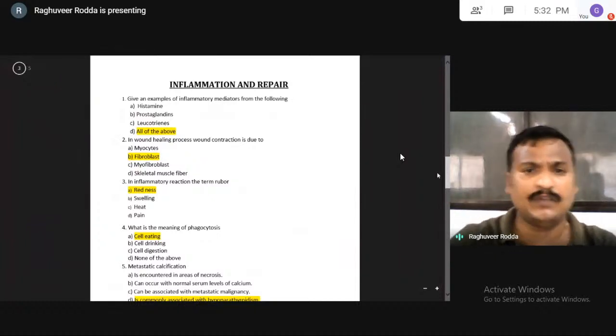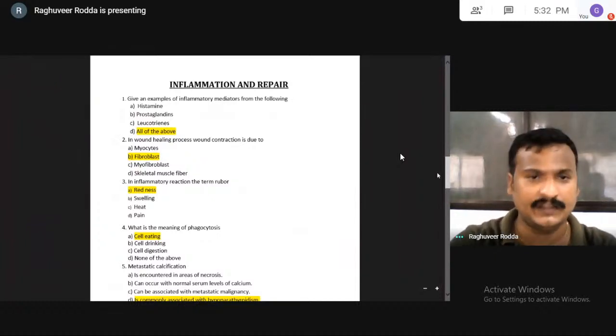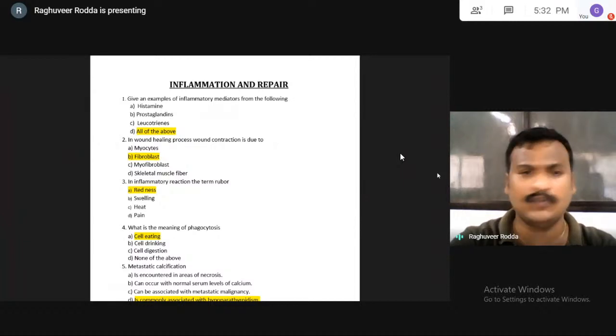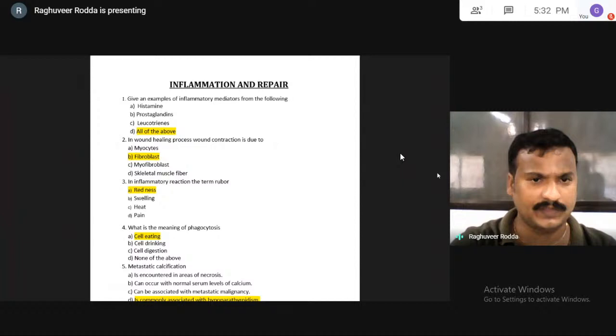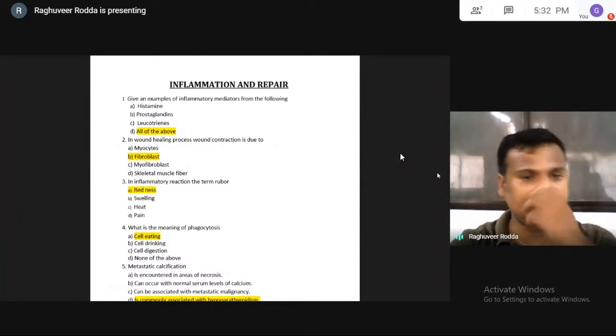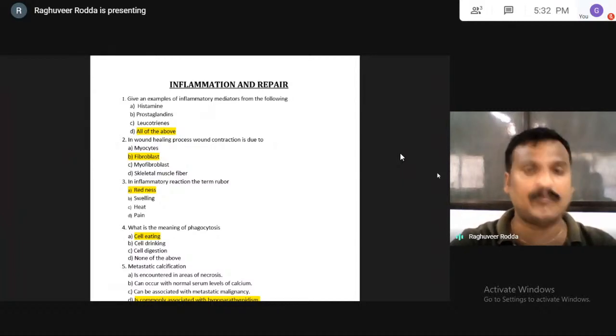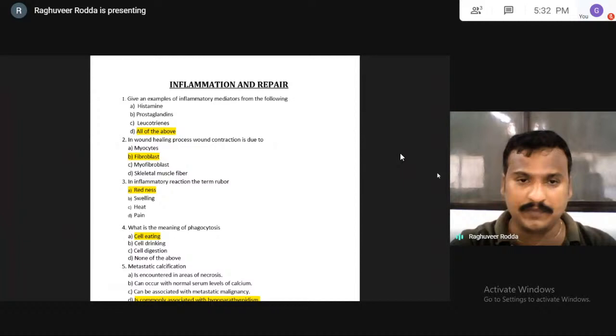Give an example of inflammatory mediators from the following. Histamine, prostaglandins and leukotrienes are all inflammatory mediators. Then, in wound healing, the process of wound contraction is due to fibroblasts. Fibroblast cells are very important cells involved in the wound healing process.